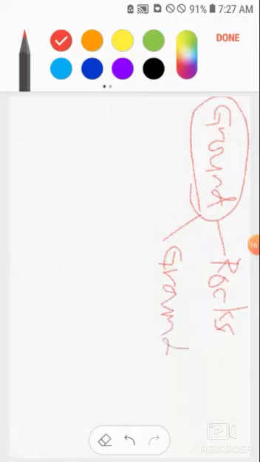Okay, now let us talk about how geothermal energy is being generated. So, the energy, or the heat from the ground, will be transferred to rocks or even groundwater.